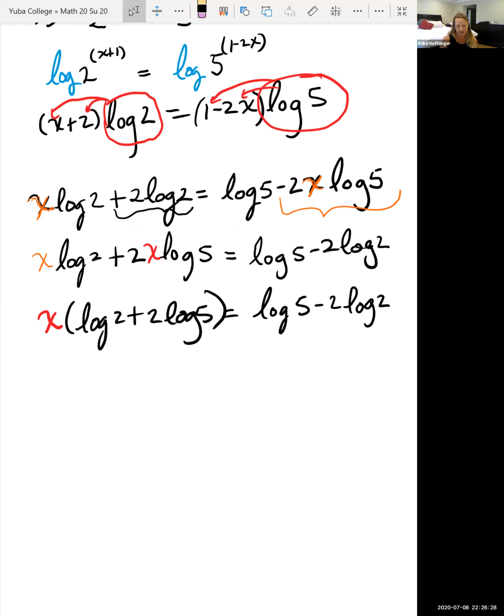Get x by itself, divide both sides by that parentheses. So x is equal to log of 5 minus 2 log of 2, all divided by what's in the parentheses, log of 2 plus 2 log of 5.